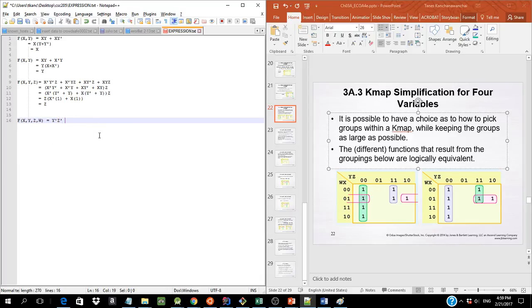So pink, w naught x, right? What else? Is y in common? No, but z naught, right? Correct? And blue, yz. What else? W naught too, right?